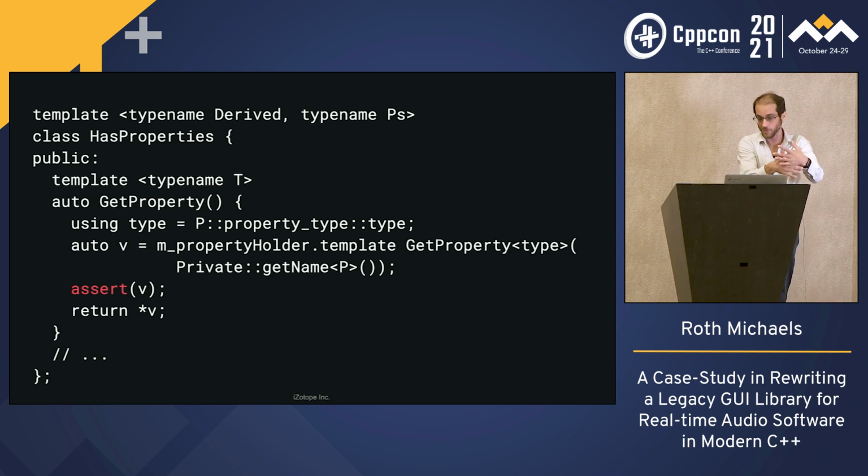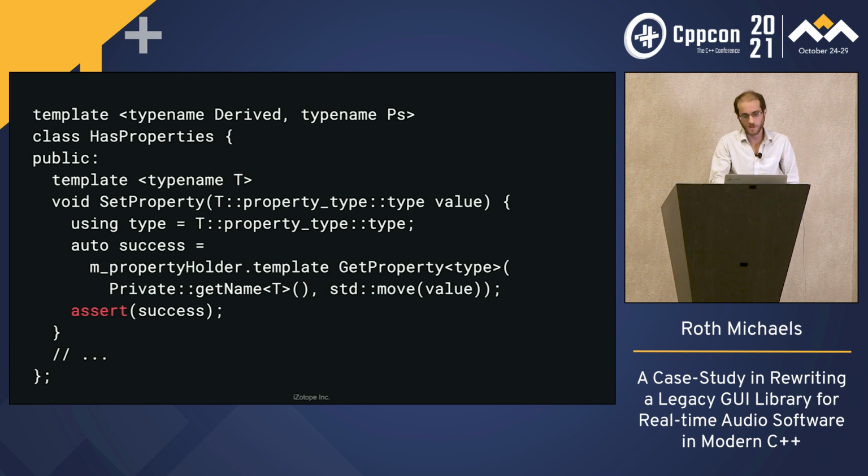So P has all that information about the correct type and the name. And so we get this value out, V. We assert for good measure, just because someone might have written a bug in the underlying system and it's not actually working like I'm claiming. But we don't expect to hit that assert, and we'll just return this V, not worrying about undefined behavior because it's going to be our correct type.